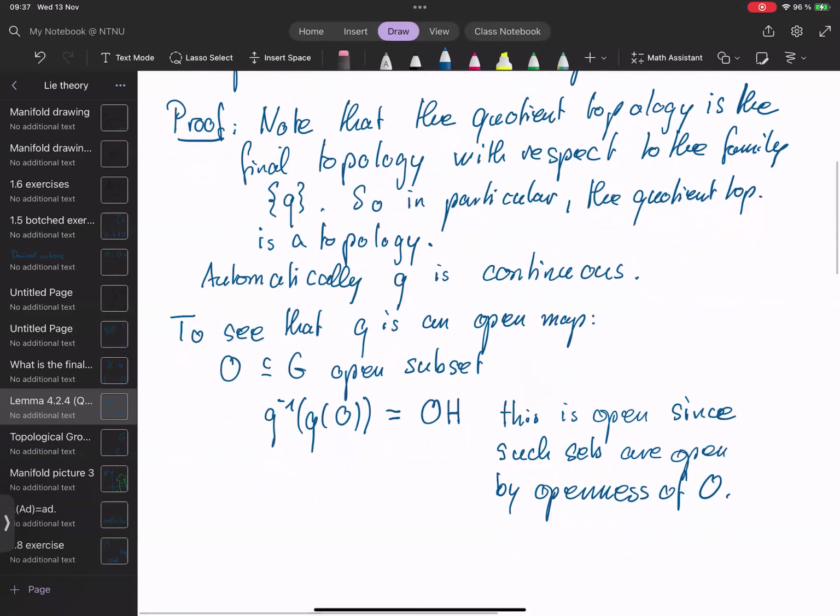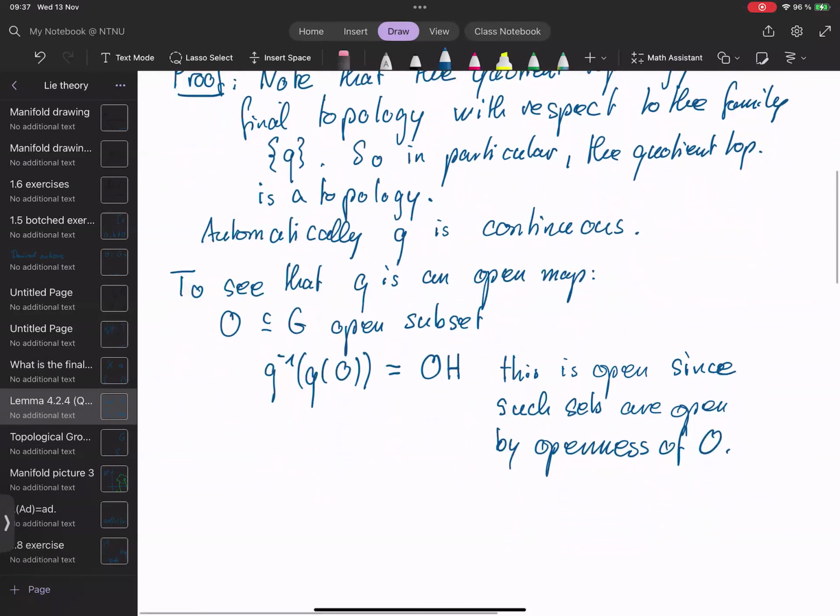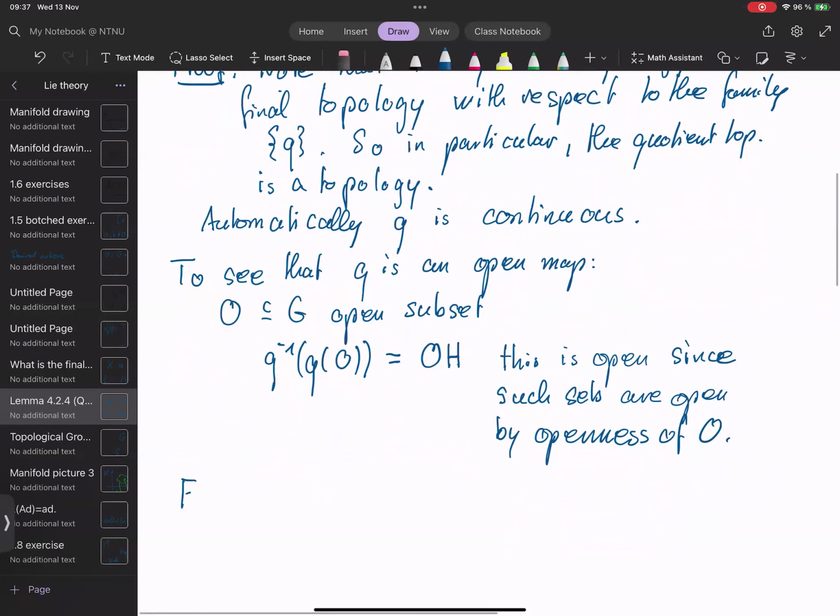So we see that Q is a continuous map. It's an open map. There's just one final thing to do.